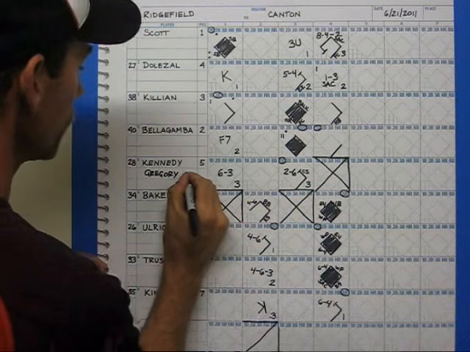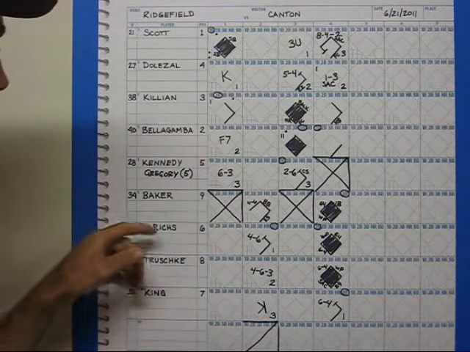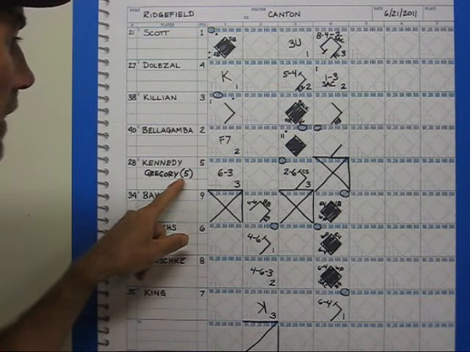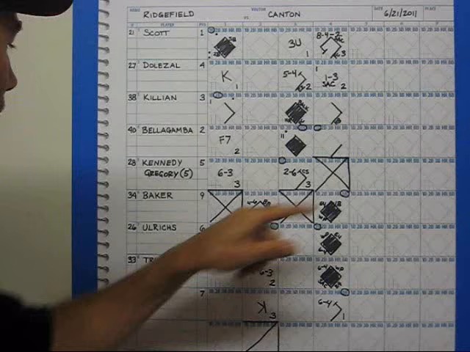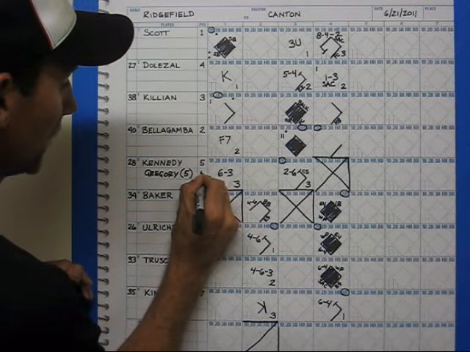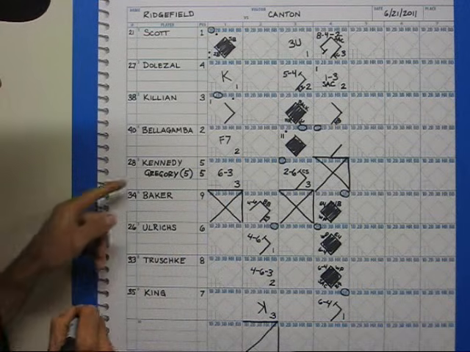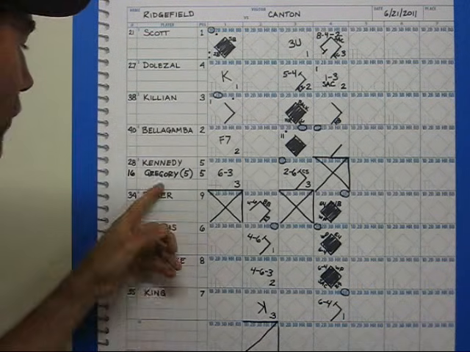Usually you write a 5 with parentheses around it. It shows which inning this batter came in as a substitute for Kennedy. Let's say that he was also going to play third base. You put in a 5 right there. You put in his number. Let's say his number was 16. So that's how you show substitutes coming in also.